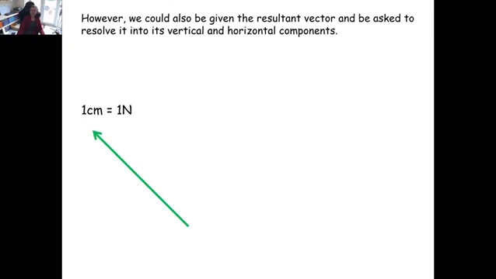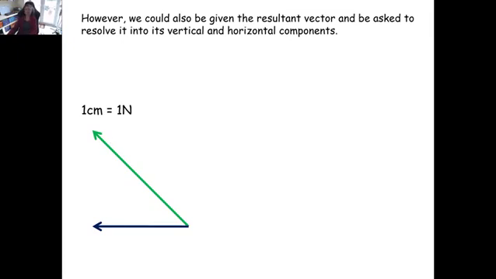Well, if we have a vector, and you can see I've specified a scale there as well, so if we were to measure that out we would be able to work out how many newtons long it is. Now if we were to resolve that vector into a vertical and horizontal component, it would look something like this.